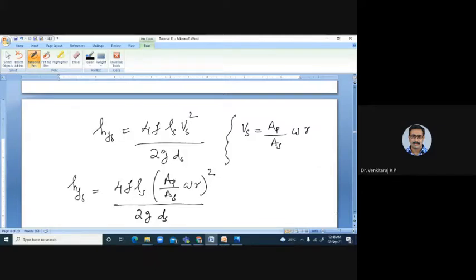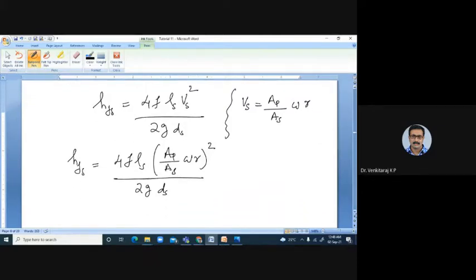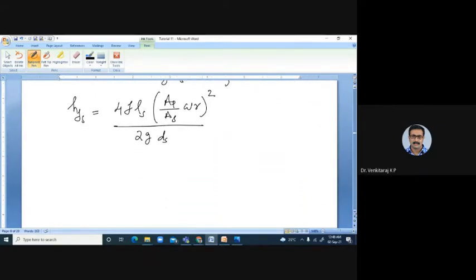So these data are known to us. Any data so that we can substitute the values in this equation. So this is 4 into F value 0.01. The length of the suction pipe it is 8 meter. This into area of cylinder. So this is 5 by 4 into cylinder area, 5 by 4 into what is the diameter?